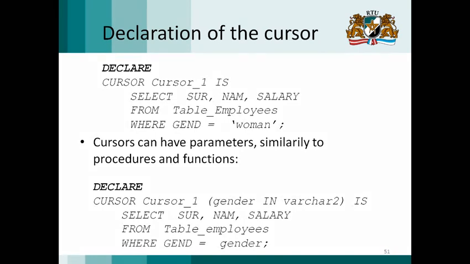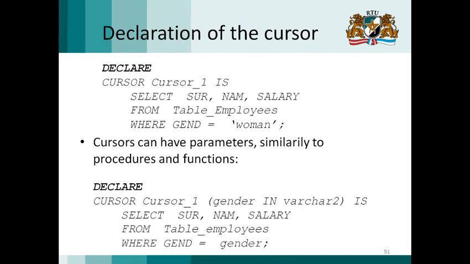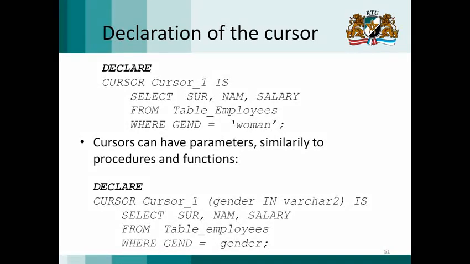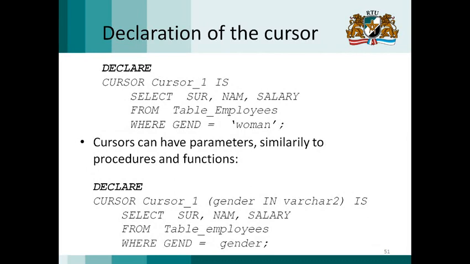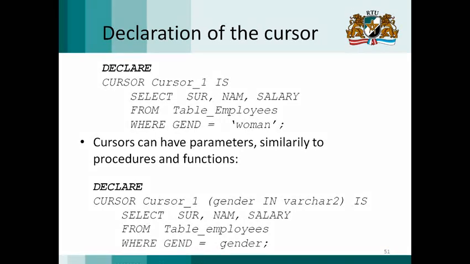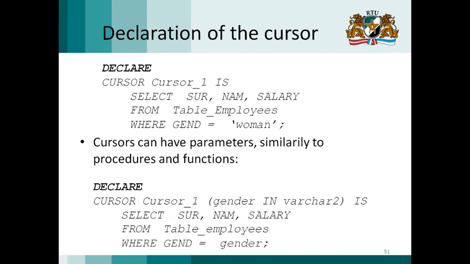For example, if we had a table of students with fields name, surname, and course, then we could use a cursor that selects, for example, only name and surname and only some rows of this table students. So we can actually perform almost any of the queries that we can use in SQL and just store them in the cursors.